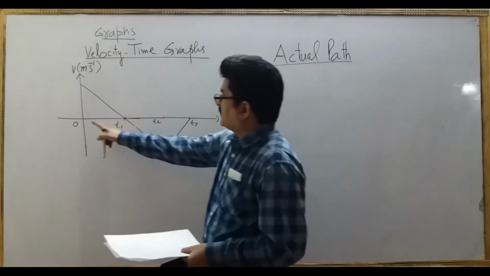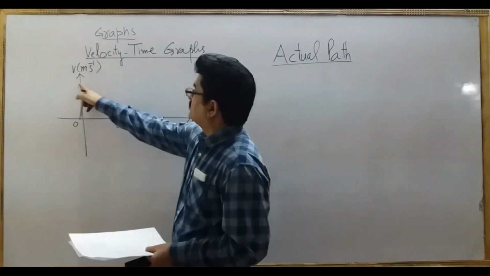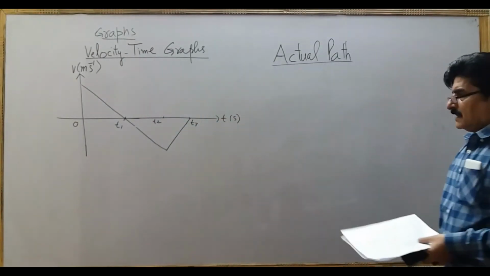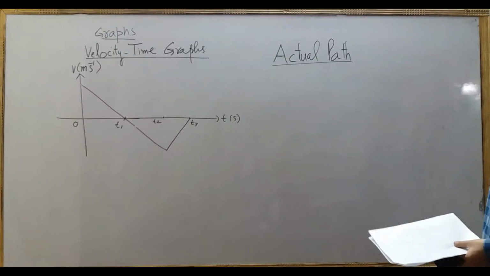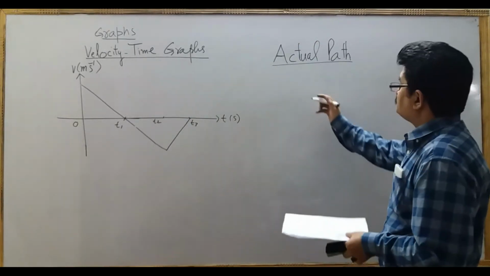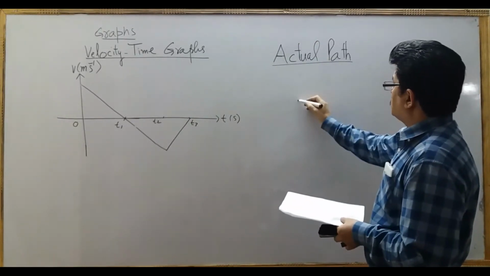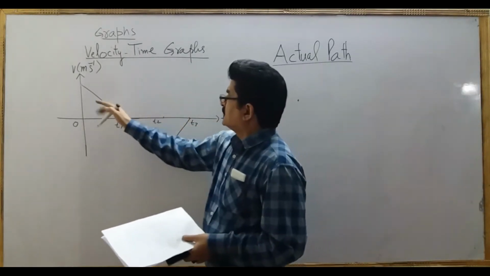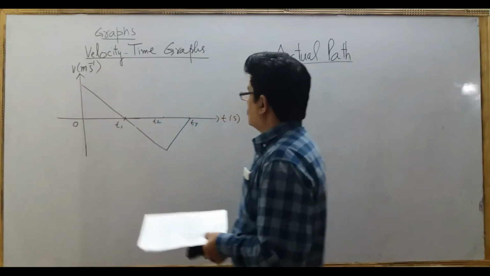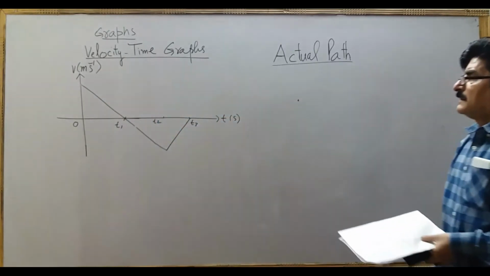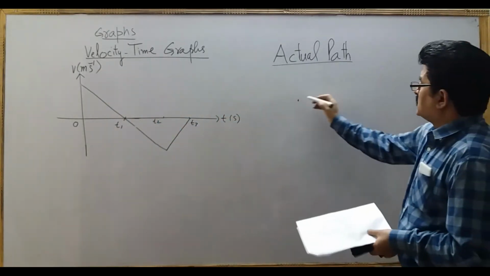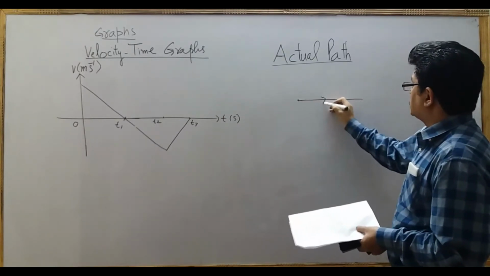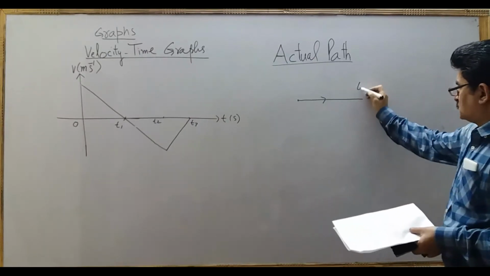Now at time t equal to 0, it has some velocity, which means that the particle is already moving with some velocity. The actual path is this: from time 0 to t1 the graph is above the time axis, which means velocity is positive, so the particle is moving towards the right up to time t1.